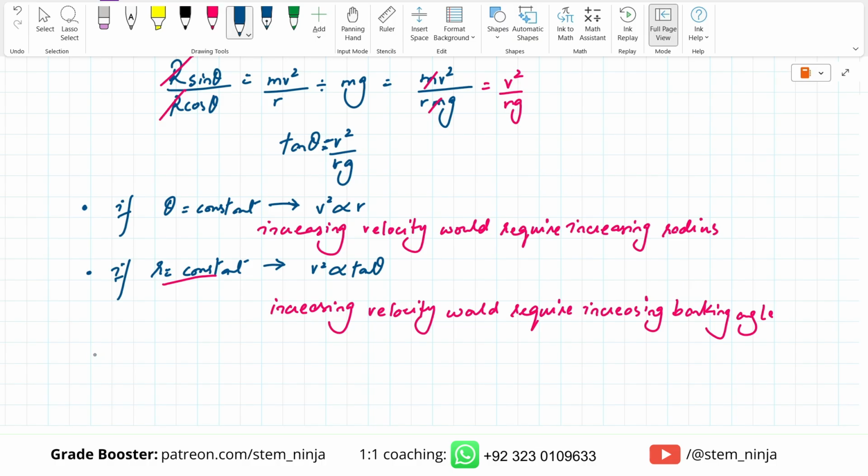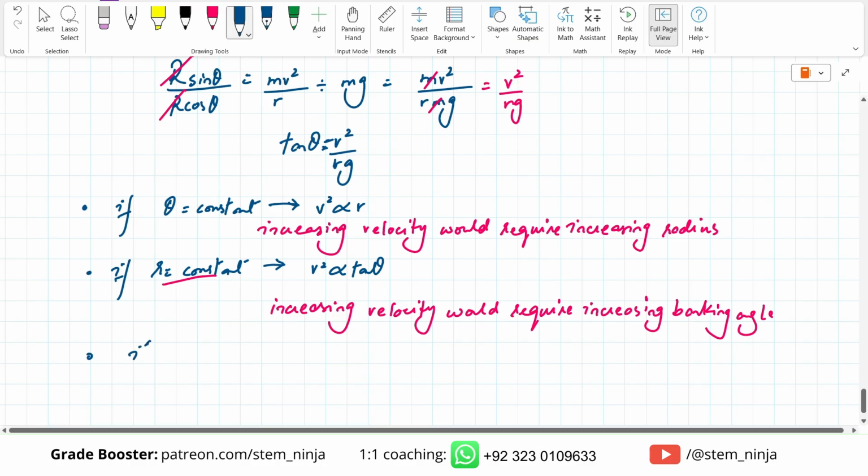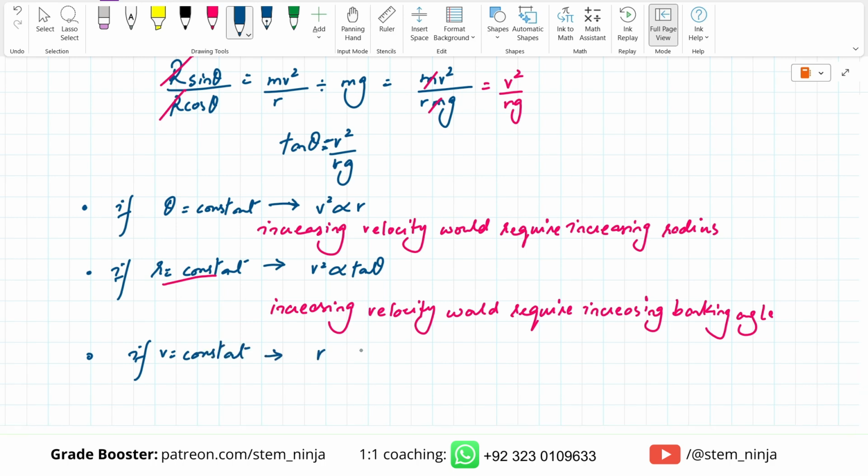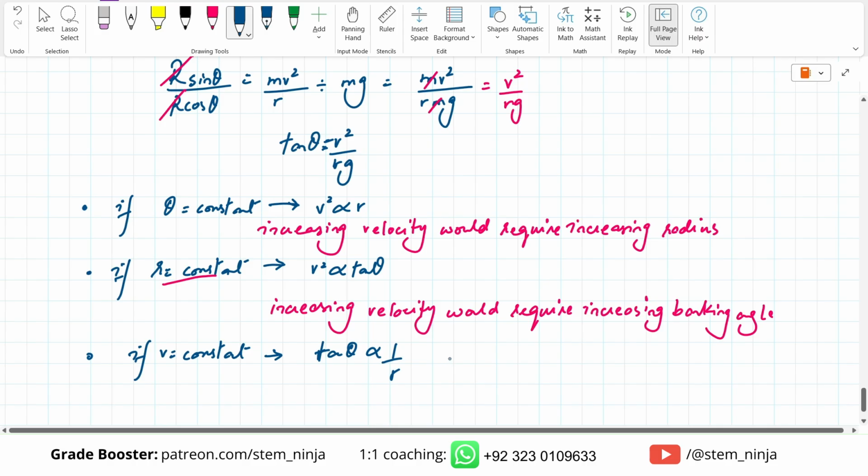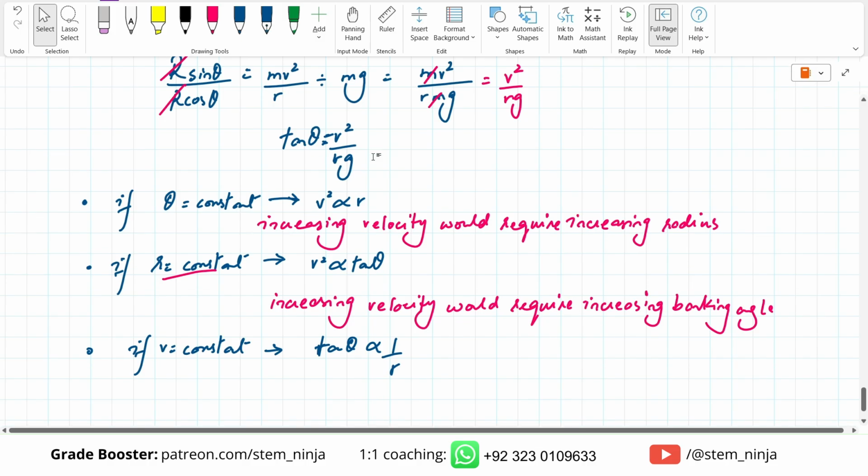The third condition is kind of obvious already. If we keep v constant, then tan theta is inversely proportional to r. What does that mean?